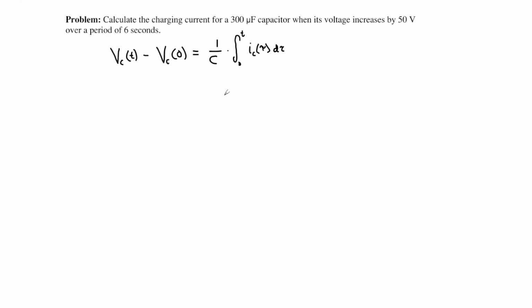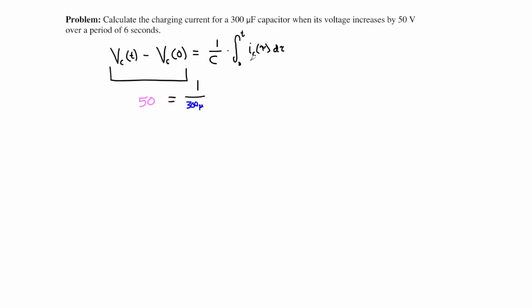Now, in order to solve this, we are not given specifically the voltage parameters, but we are given the increase, or difference between the two, which gives us a voltage of 50. And this was equal to 1 over our capacitance, which is 300 microfarads.